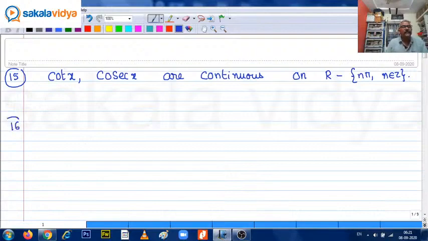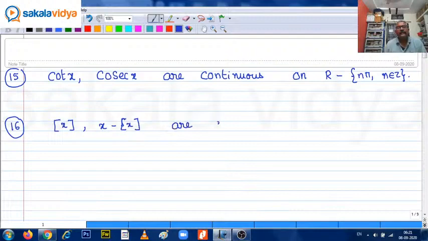Next, the 16th point is piecewise: this is the integral part of x, this is the fractional part of x. These two functions are continuous on R minus Z. R minus Z means other than integral values.